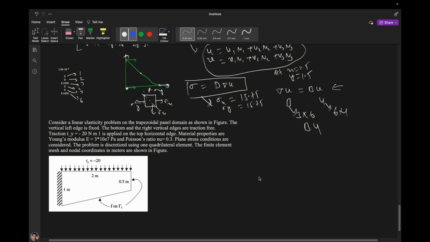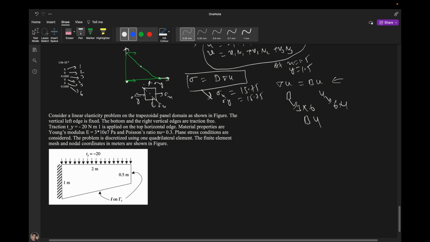Now the next problem is to solve the same elasticity problem, but we have a trapezoidal domain where a vertical traction is acting in the downward direction on this edge, and this edge has a displacement boundary condition which is fixed, and everything is already given.